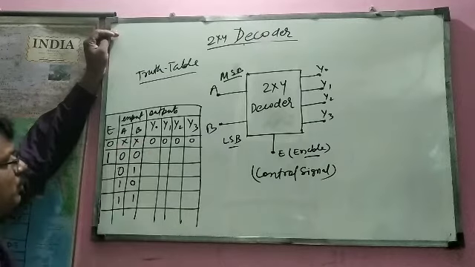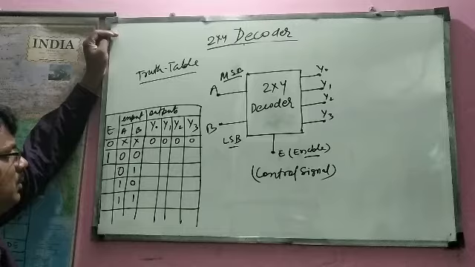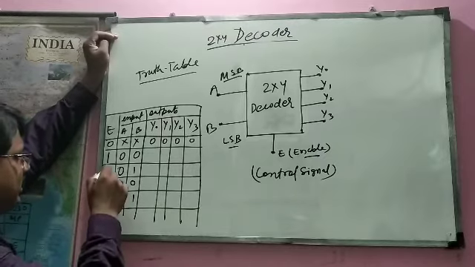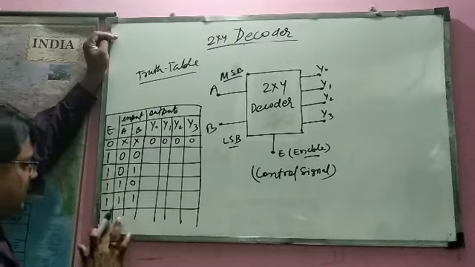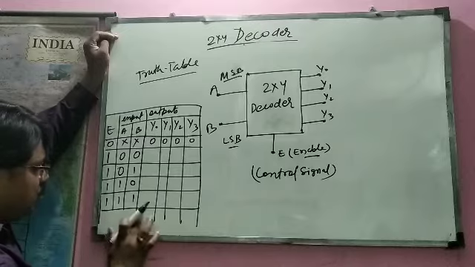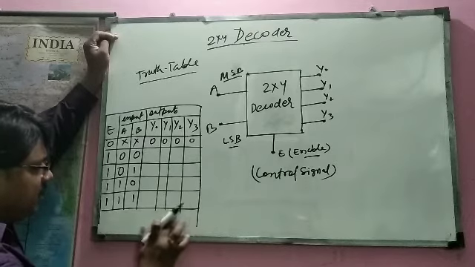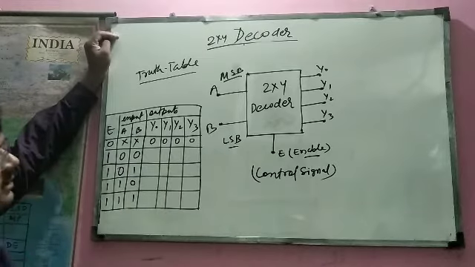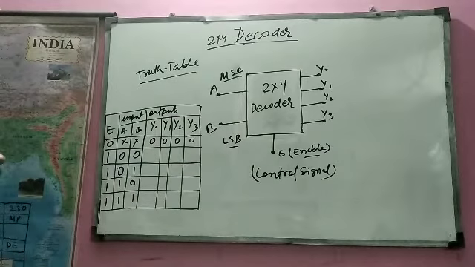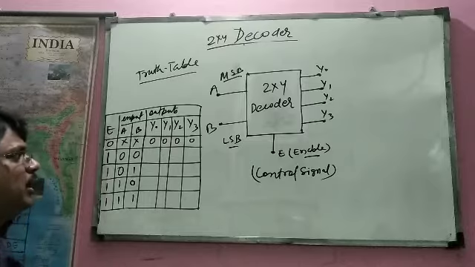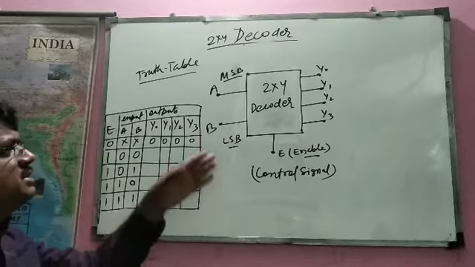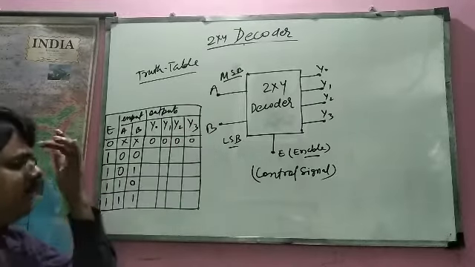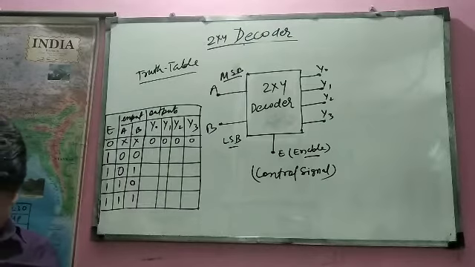These are the inputs. In all other cases, the enable signal should be high, meaning this chip is selected. Now the output can change depending upon these inputs.